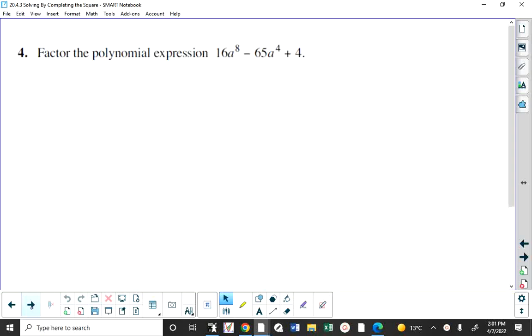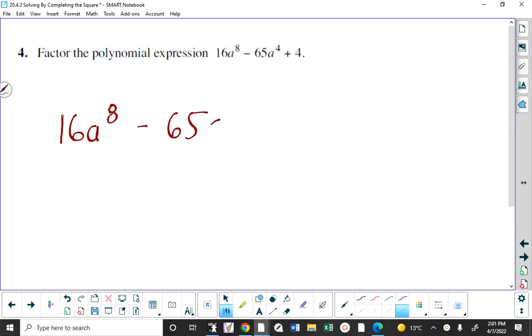We're asked to factor this polynomial. And again, I just want to point out to you, let me rewrite it first. It's 16a to the 8 minus 65a to the 4 plus 4. And I'm going to throw in an a to the 0 here just to make a point.